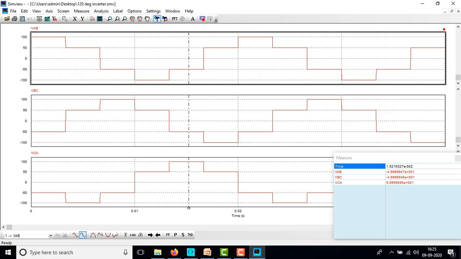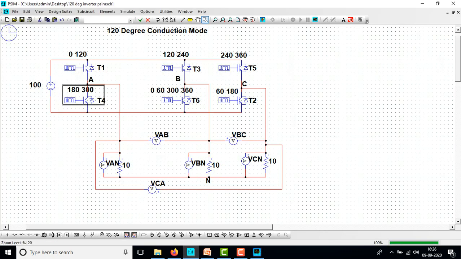This is the first line voltage VAB, the second one is VBC, and the third one is VCA. Likewise we can simulate the 3-phase voltage source inverter for 120 degree conduction mode and 180 degree conduction mode. Thank you.